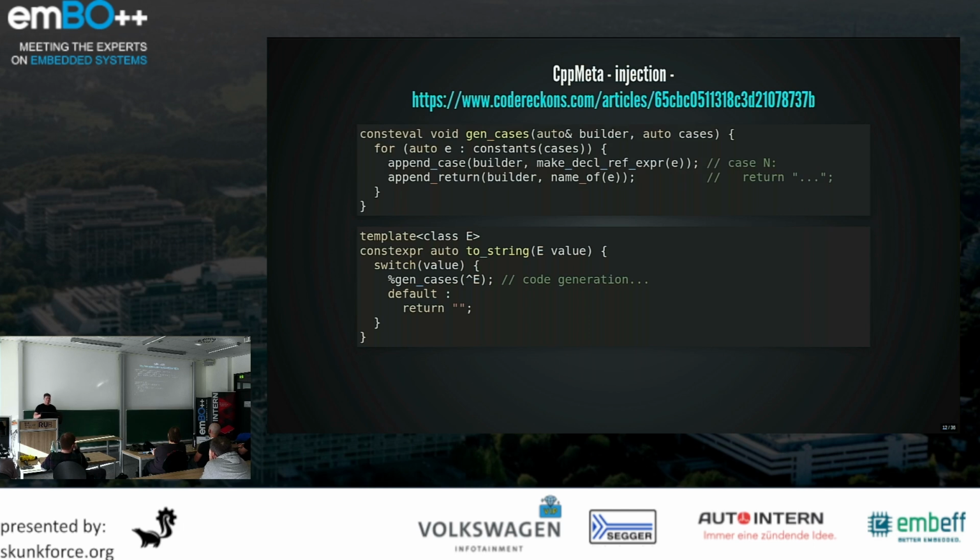And there's more syntax here. You have this kind of builder, and you can append case, append return, and stuff like that. So you can generate the code. On the right, you'll see that it generates case and return. I don't like the syntax much, but I think the premise, the power is there.